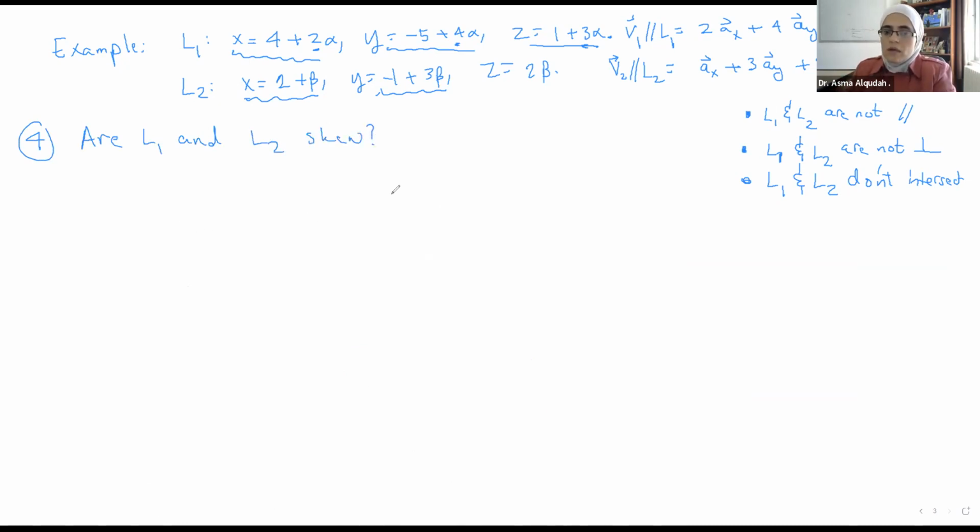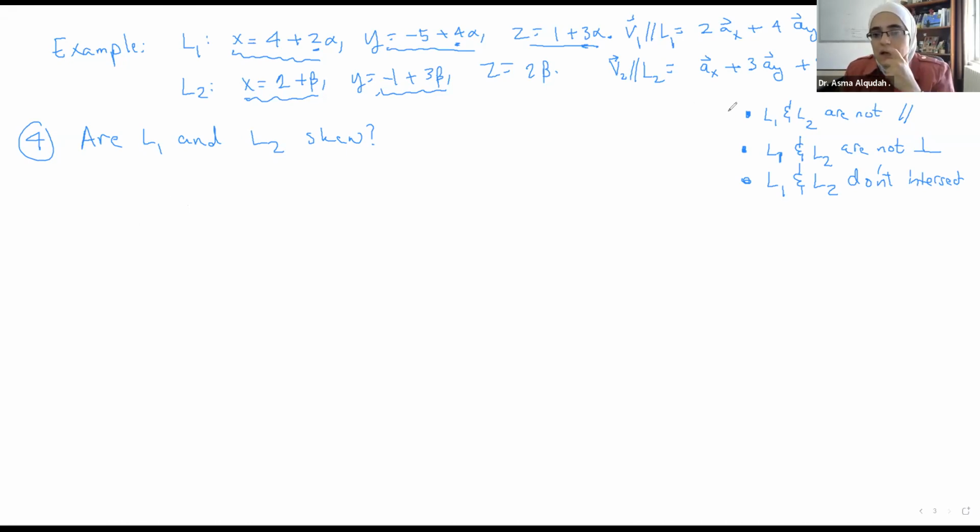Are they skew? For us to decide if the two lines are skew, we need to make sure that the two lines are not parallel and they don't intersect.